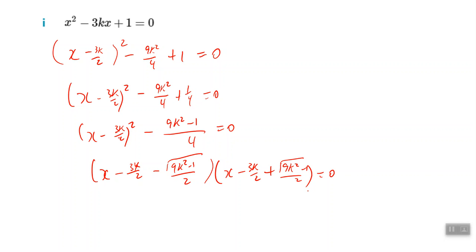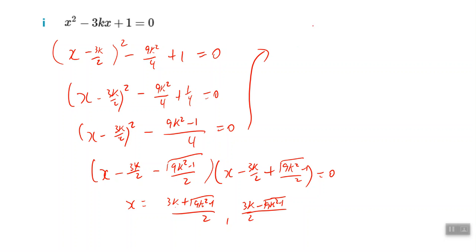So therefore your solutions for x would be 3k over 2. Now they're both going to be over 2, so you can combine them. So 3k over 2 plus root 9k squared minus 1 over 2, or x is positive 3k over 2 minus root 9k squared minus 1 over 2. Okay, so that's your two solutions.